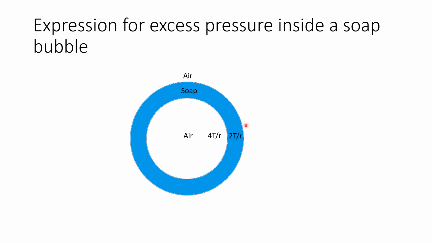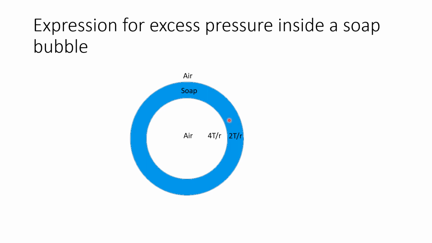And by how much amount? It will be greater by 2T upon R, right? Therefore, when you travel from this direction to this direction, the pressure increases by the factor 2T upon R.